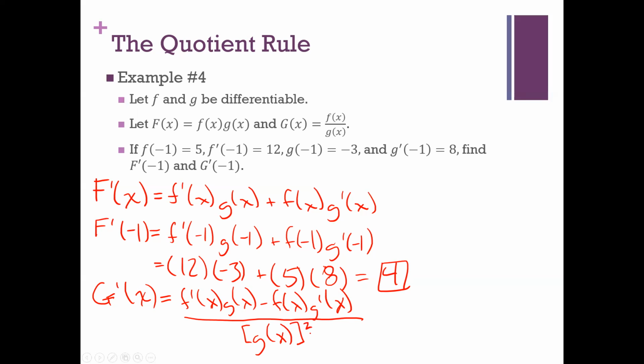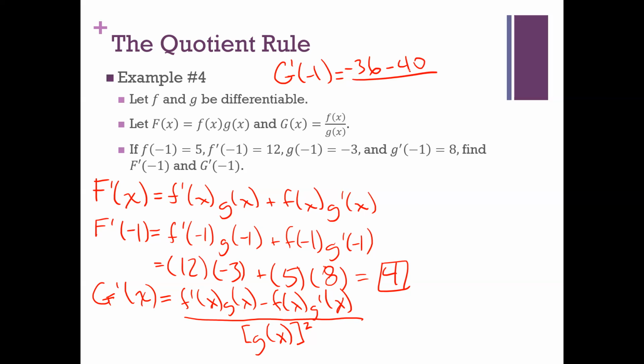Running out of room, but no, what do I have to do to this to evaluate for the point where I want it? Plug in -1. Okay, so I'm going to try to use this margin. So if I want g prime of -1, what's that equal to? 8. And it should be -36 minus 40.